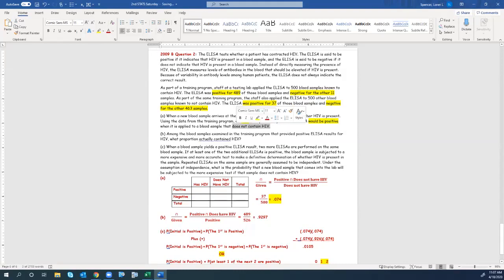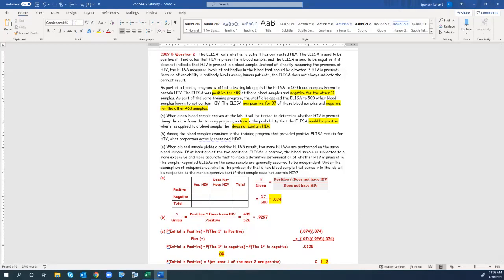So in other words, we're saying given that it does not contain HIV, what's the probability it's positive? Well, that right there tells me I'm working with a conditional probability, which means I'm working with the intersection over given. So does not have HIV, that's what I was given, and then I need the probability it's positive, but I'm looking for the intersection between that and does not have HIV.